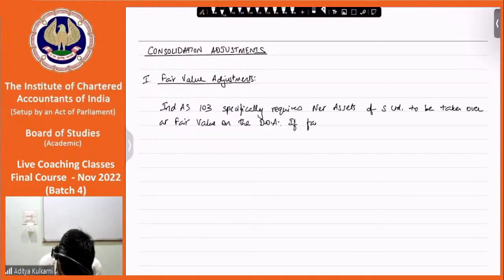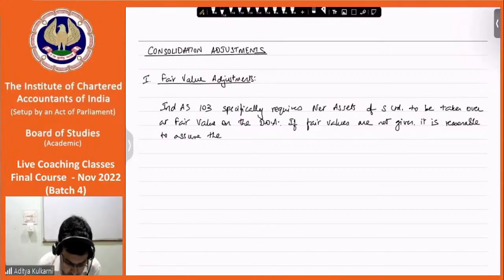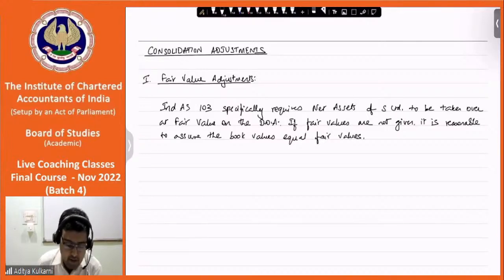If fair values are not given, it is reasonable to assume that book values equal fair values. This is academic interpretation. Okay, this is academic interpretation.